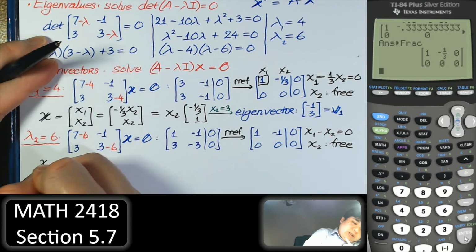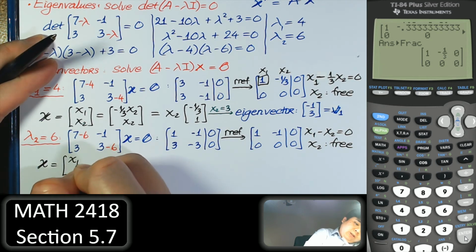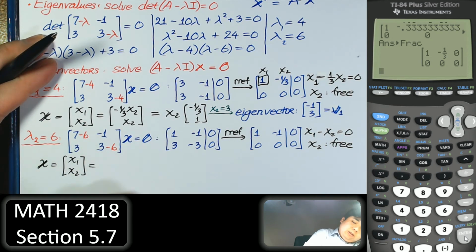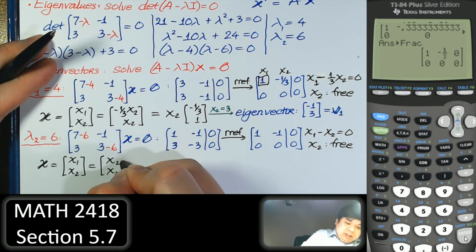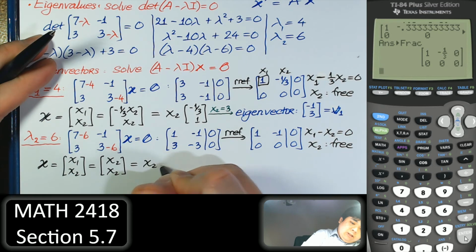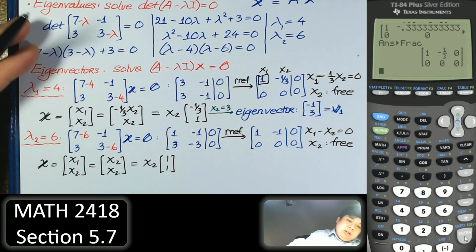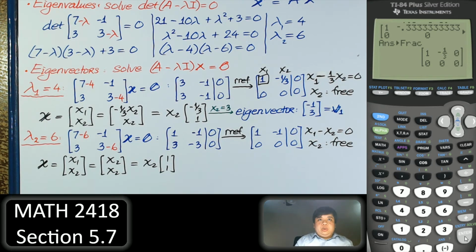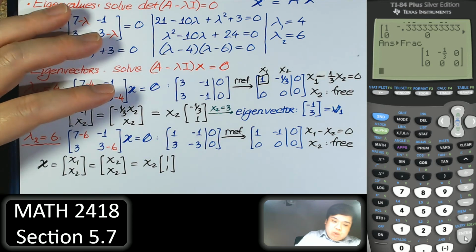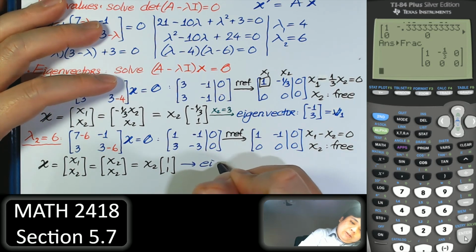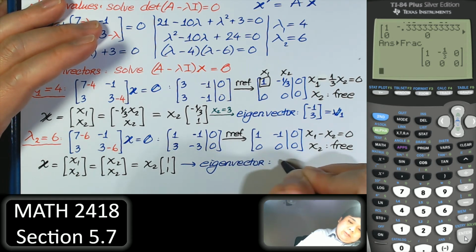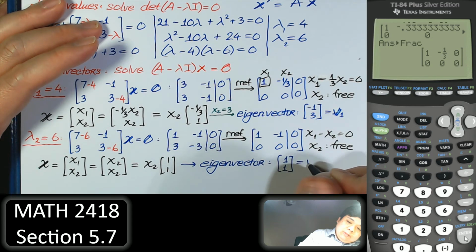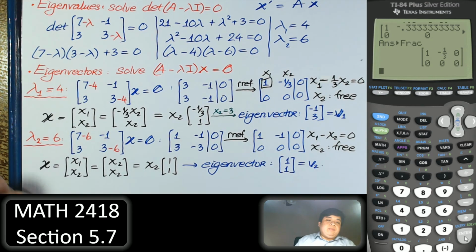So the solution x1 is x2 and x2 is free. So of course we can just choose x2 to be 1. So we have eigenvector 1 and 1. Right.